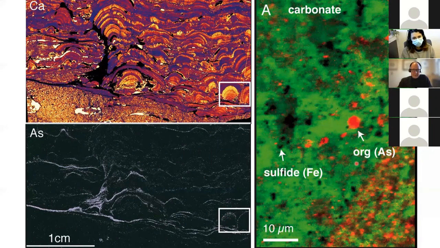Evan Lepeau found that there were some organic globules, and these organic globules were actually affiliated with arsenic, whereas the sulfide and the iron were in pyrites, independent of the organic globules, not in close proximity to them. So there was some evidence that perhaps this calcium carbonate structure that you see here in this element map could have some relation with arsenic and perhaps arsenic cycling. And that is what we proposed.